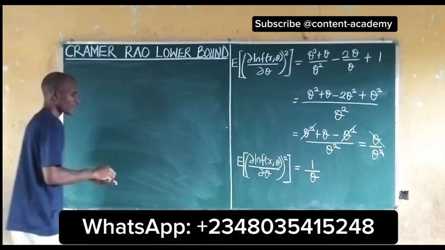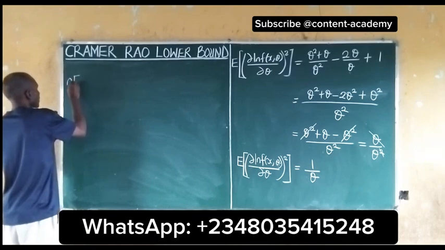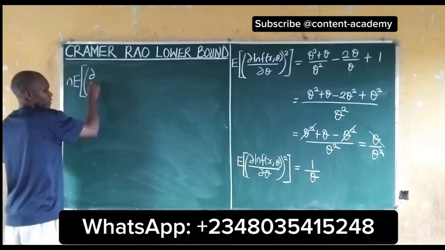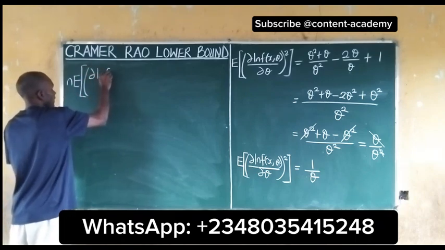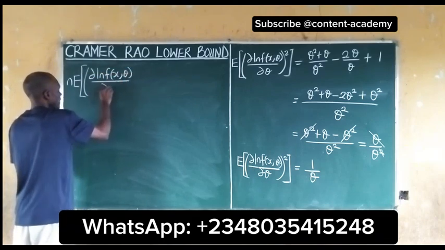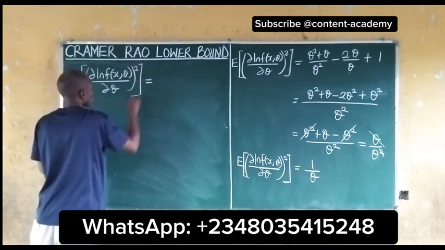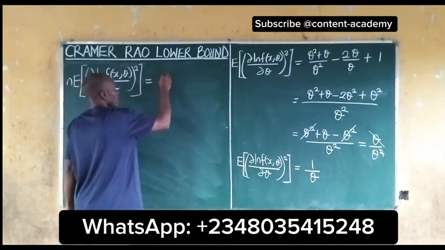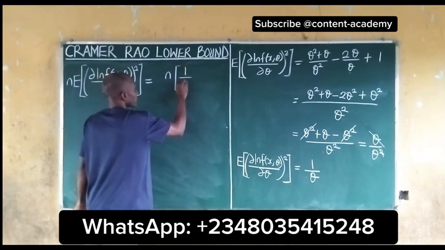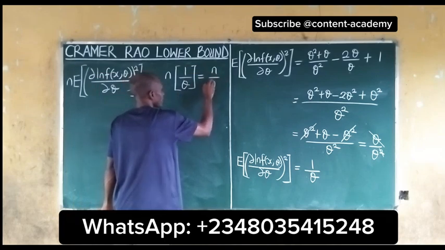Now we have our Cramer Rao, we have n expectation of the differential of f of x theta all over theta squared to be equal to n into 1 all over theta, which is equal to n all over theta.